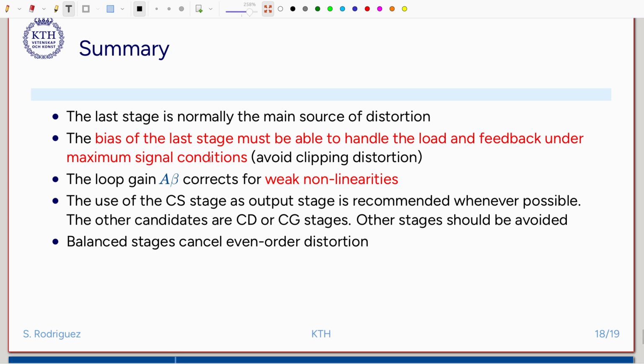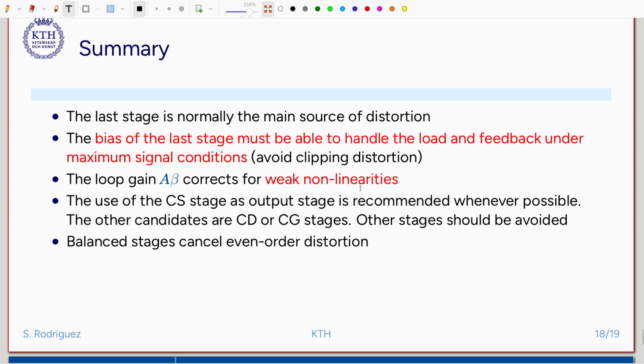Both things are important, as we saw in the last example. So we have to provide enough bias, both voltage and current, to avoid clipping distortion, but also to avoid slowing the amplifier. The loop gain corrects for weak nonlinearities, as we saw before.